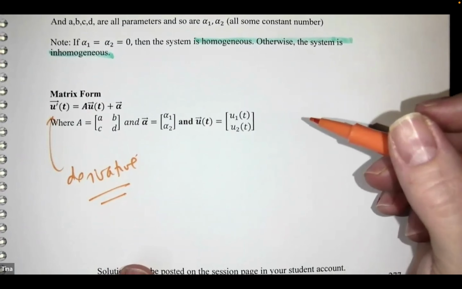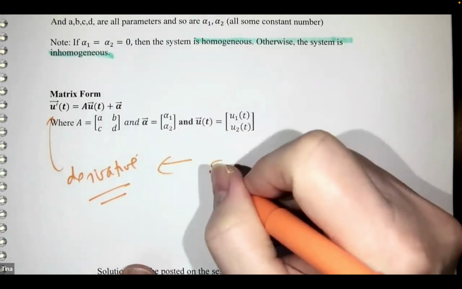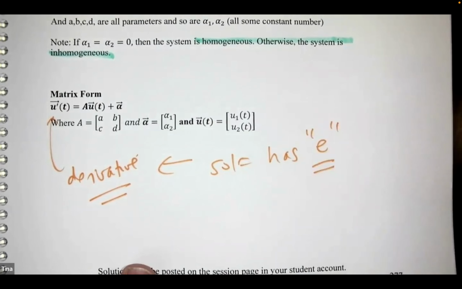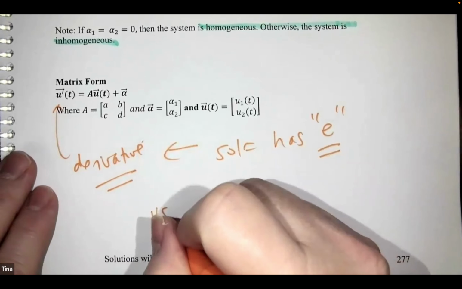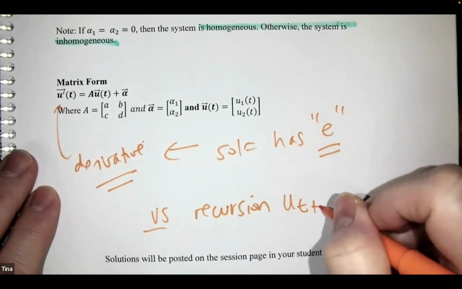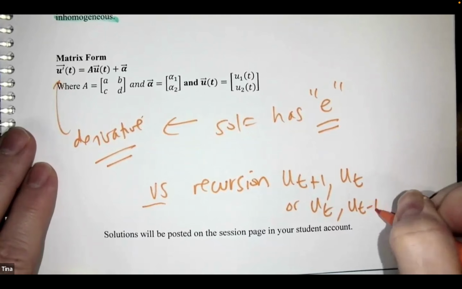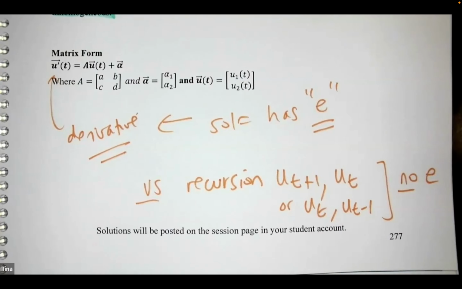So here, we're going to have a solution because this is a derivative. The solution has e's in it. Versus recursion, which we just finished, which is totally different, where you see t plus 1 in t or t minus 1. There's no e in your solution. Okay?